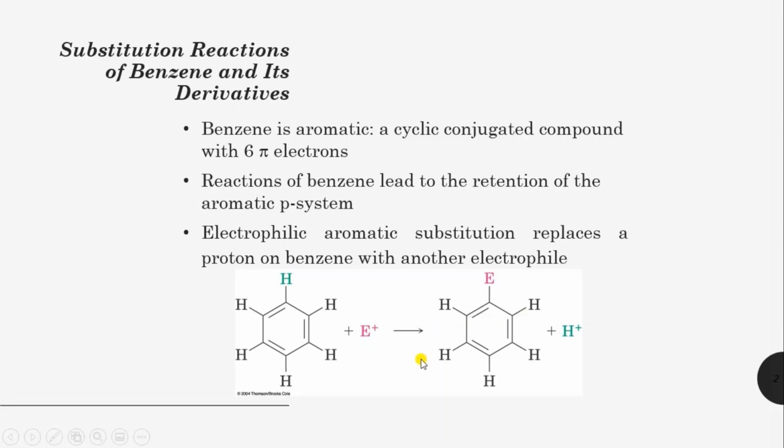Under normal conditions, it is not possible for the benzene ring to sacrifice its aromaticity. In electrophilic substitution reactions, the benzene ring, after the replacement of the hydrogen with the electrophile, regains the aromaticity. That's why these reactions are the most favorable type of reactions.